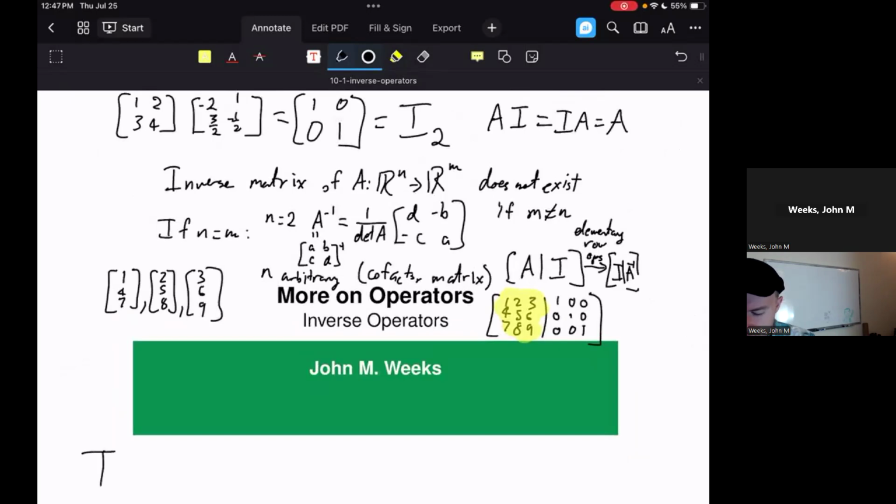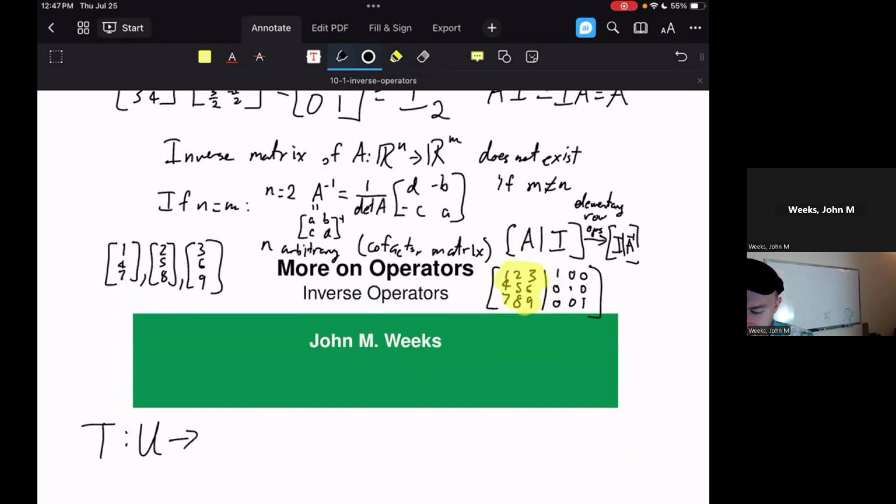You can have two metric spaces, perhaps, or two normed vector spaces, perhaps infinite dimensional, like U and V, and you can define a linear operator between the two of them. Now, just like before, we're going to want to stick to bounded linear operators, which we recall means that the operator has the operator norm on it, and that operator norm is finite. So that's what we mean when we write an operator in this particular week.